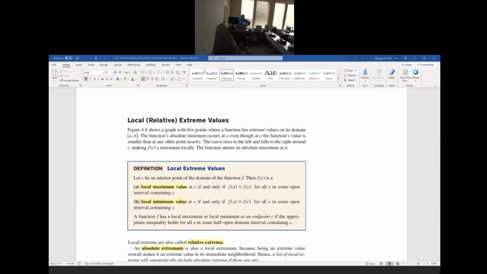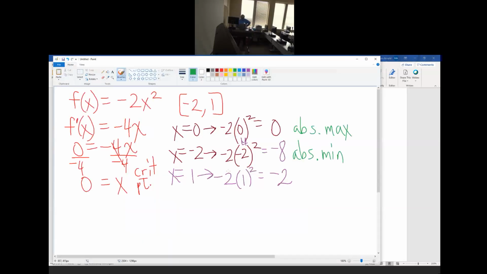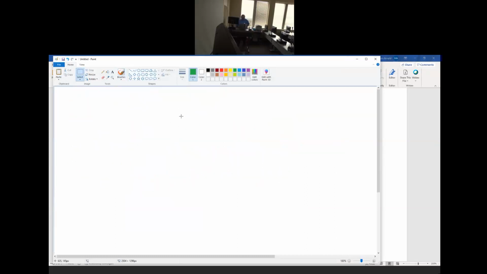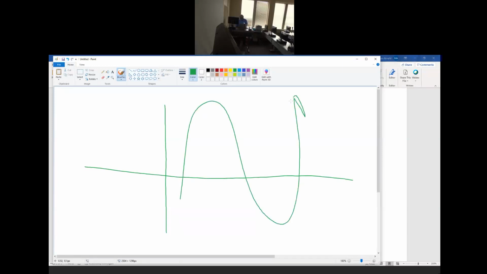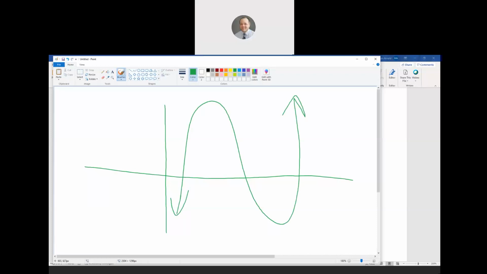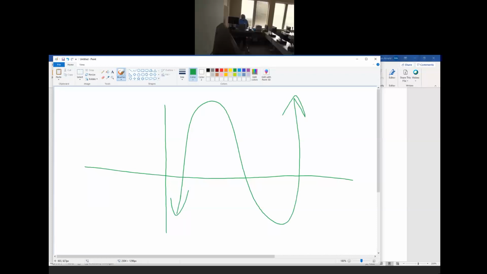And let's see, just to illustrate what I'm talking about. You have a graph, usually labeled as f of x, that keeps going.